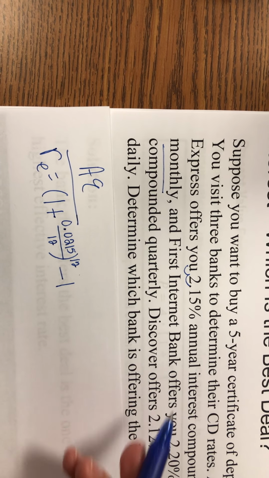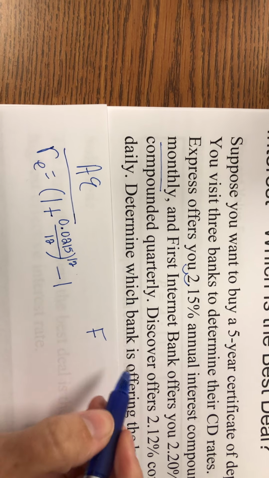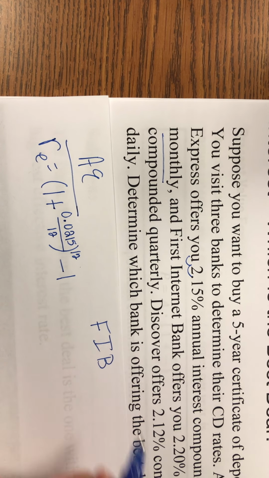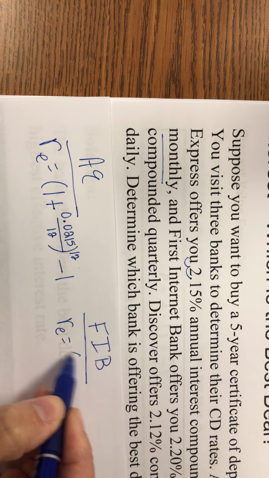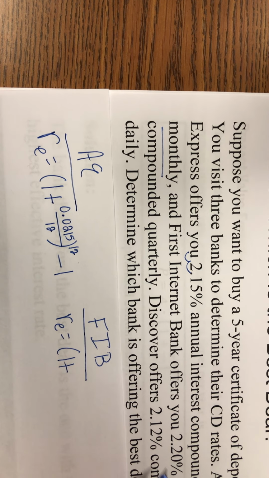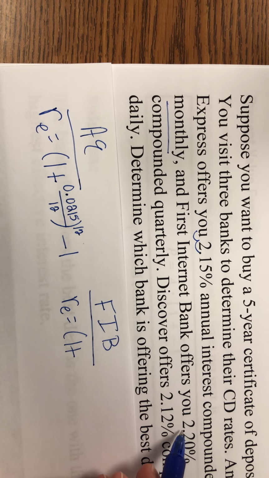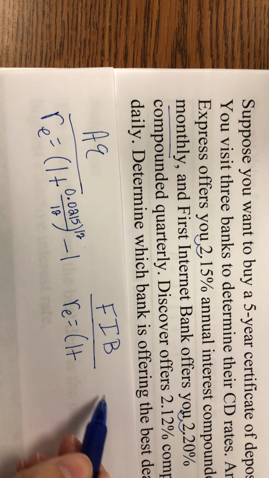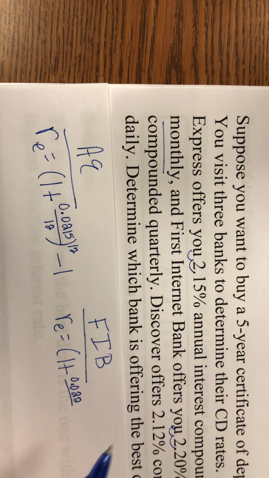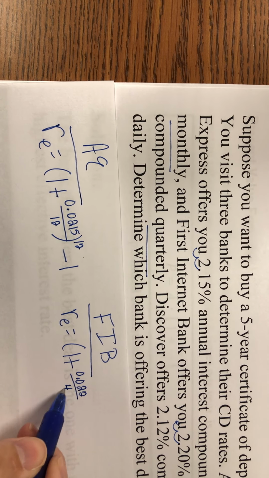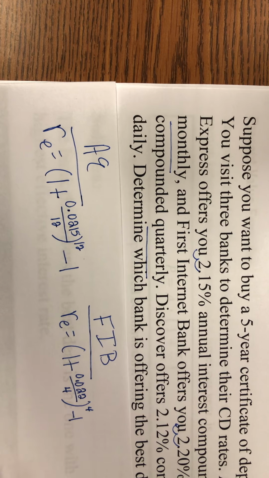Okay, now let's set up, and we'll go to our calculator in just a moment. Let's look at First Internet Bank. So they'll have 1 plus our percent as a decimal, move that 2 places to the left. So that's going to be 0.022. This one is compounded quarterly, that's 4 times a year. And don't forget to subtract 1.